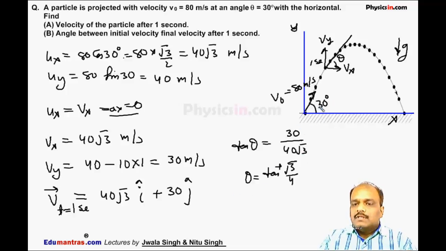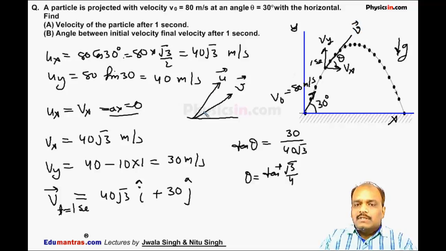So the initial velocity vector makes an angle 30 degree. The velocity at t equal to 1 second is v. This angle is 30 degree, and this angle is theta.